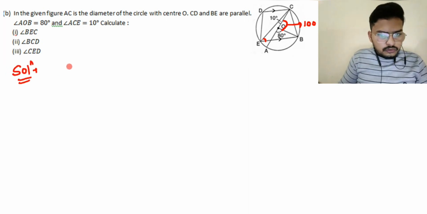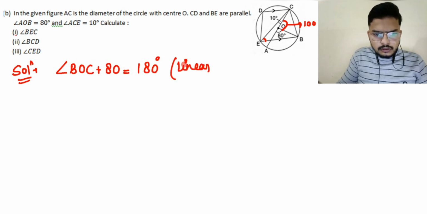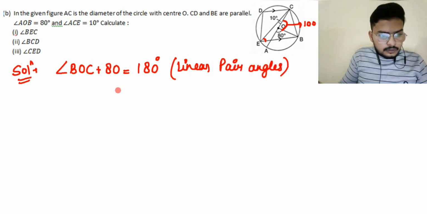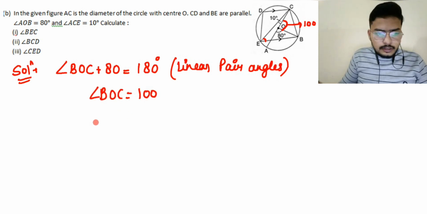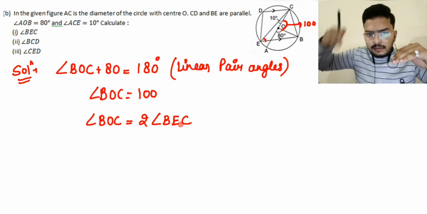First of all look, this angle BOC, right? This BOC plus this 80, that is 180. Just write the reason for this 180: it is 180 because these are linear pair angles, right? Okay, so from here angle BOC must be equal to 100, right? Now also you can clearly see that angle BOC is double the angle of BEC, because here the segment is the same, BC, right?